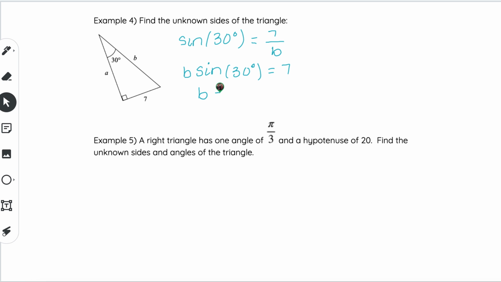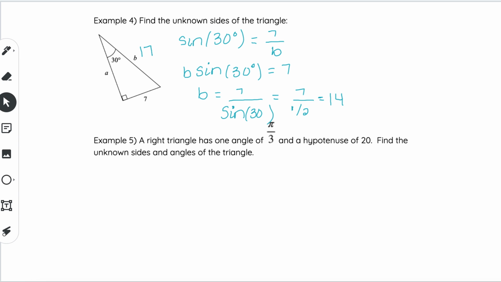So our hypotenuse would have to be 7 divided by the sine of 30 degrees. And I bet we could use our exact trig values to know that sine of 30 degrees is 1/2. And 7 divided by half is 14, since 14 halves go into 7. Now I know side length b.